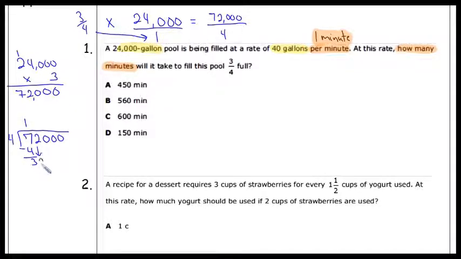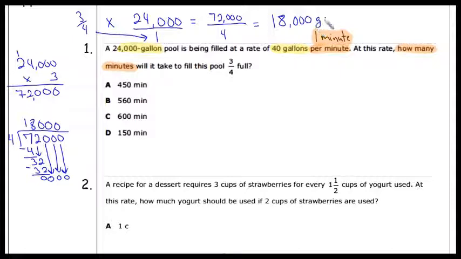Bring down the 2. 4 goes into 32, I believe it's 8 times. 4 times 8 is exactly 32, that's remainder 0. When I bring down the next 0, 4 can't go into 0, so I'm going to put a 0 there. When I bring down the next 0, I still have 0, so 4 goes into 0 0 times. And finally the last 0, that's the same thing. 4 can't go into 0, so I'll put a 0 on top of that. So when I think about what 3/4 of 24,000 is, my number is going to be 18,000 gallons.